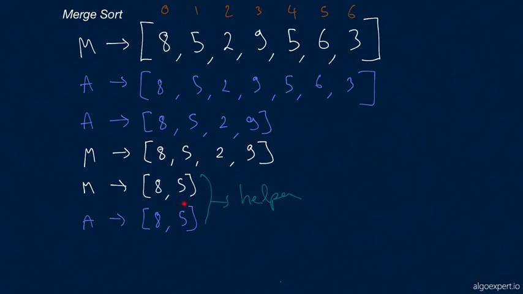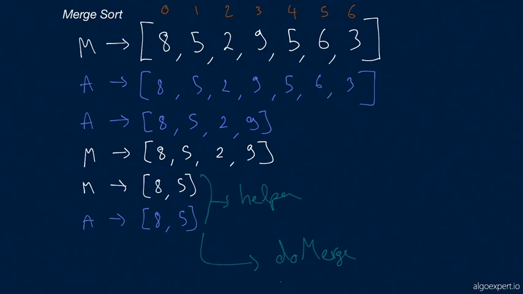We're not actually dealing with copies of arrays. The only extra array that we have is this auxiliary array in purple here. So when we call do merge, we're passing a starting index, a middle index, and an ending index. And that's how we know where our subarrays are.